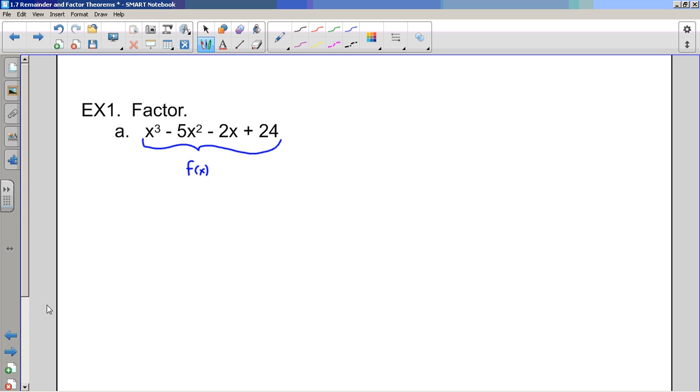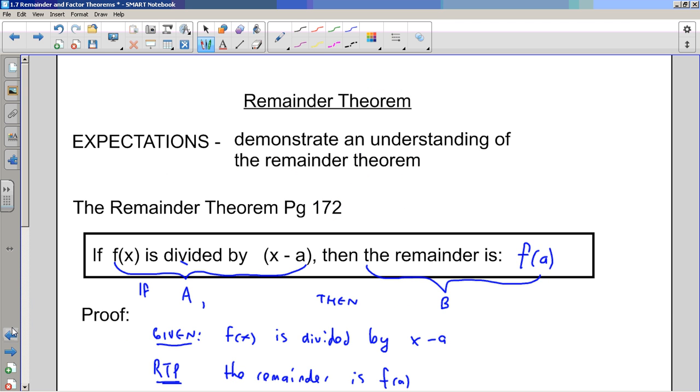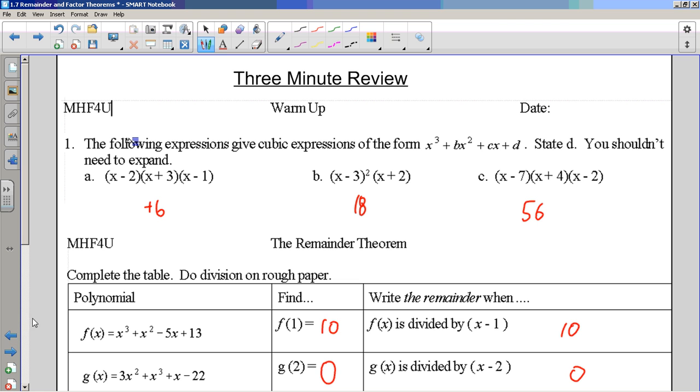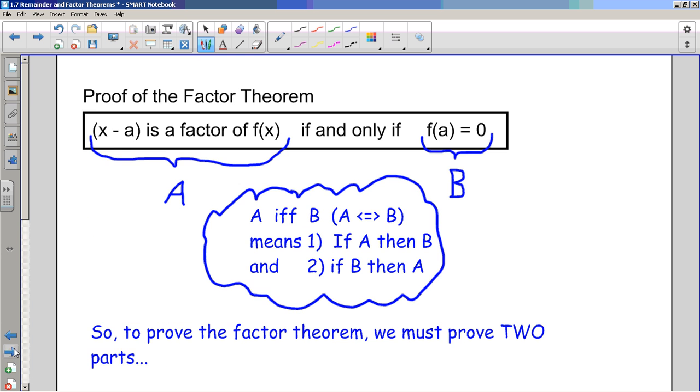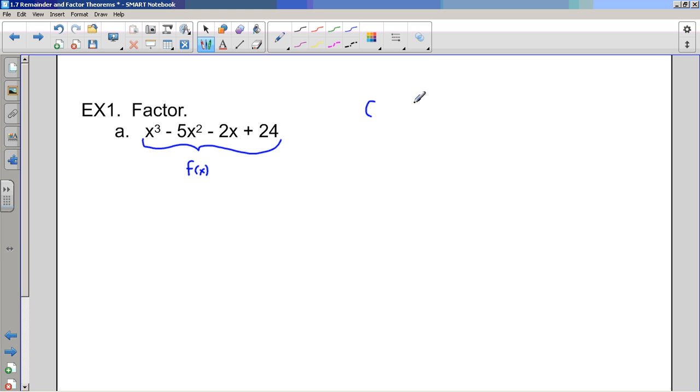Well, that's where the warm-up comes in. What numbers should we try? Back to the warm-up, right here. This is a factored version, and we know the n number, the d, are all of the number parts multiplied together. So once I get this in factored form, I'm going to have blah times blah times blah, and I know the first number is going to be x times x times x.